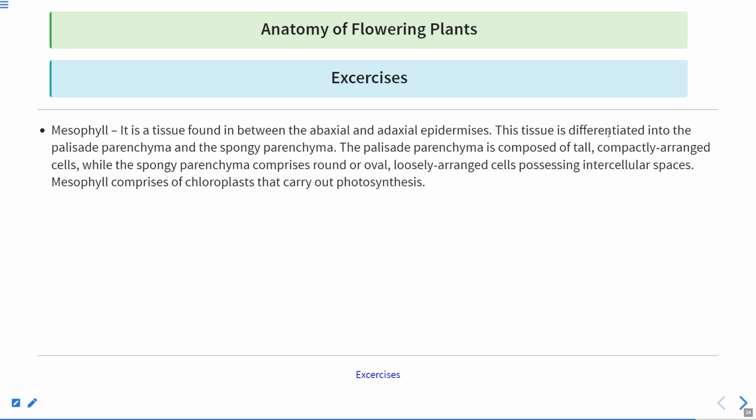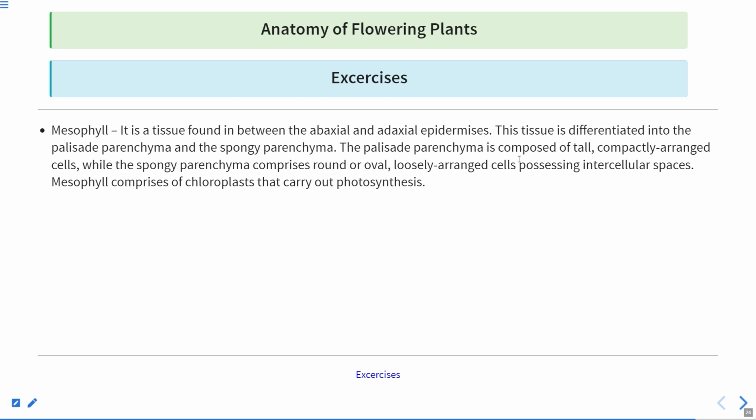Okay, toward the lower epidermis, they are having round or oval structures, which are called spongy parenchyma, and they are having many air cavities in between. Whereas in the case of palisade parenchyma, there are no intercellular spaces. They are cylindrical in shape and compact together.